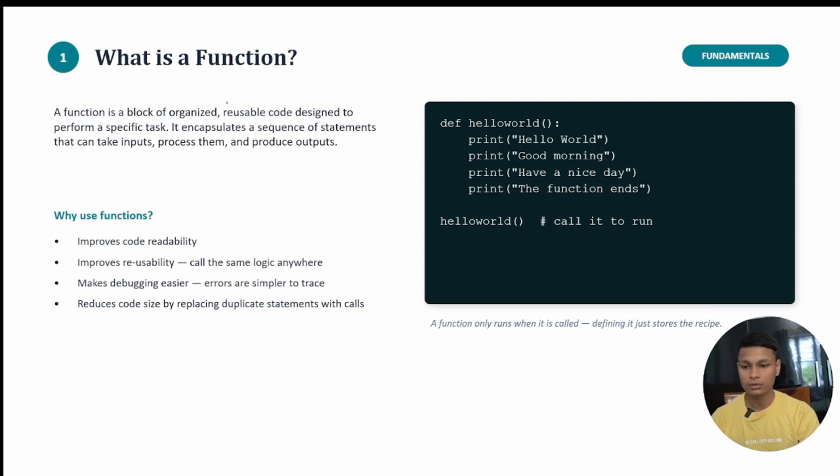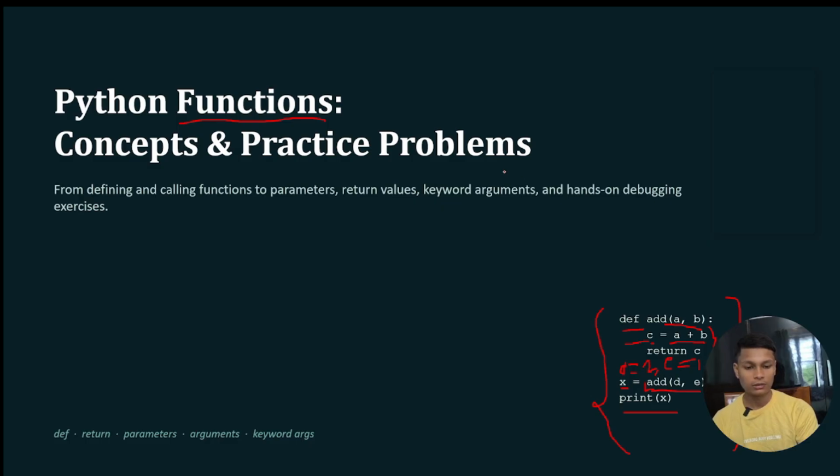So our first question is, what is a function? If you know what a function is, then please comment, and if you don't know, let's see what a function is. In simple words, a function is a block of organized code. In this example you can see it's an organized, single block of code.